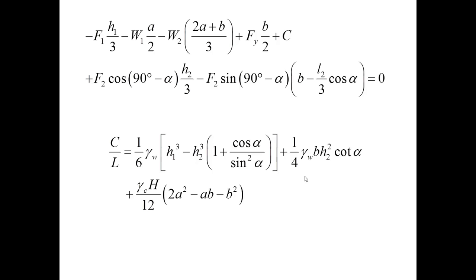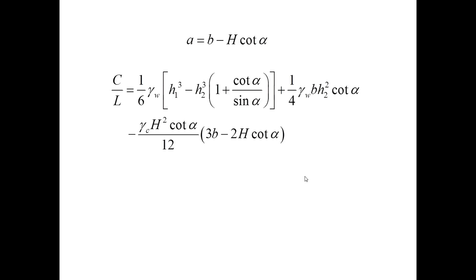So it would be a good idea to check whether this expression makes sense. To this end, I will express A in terms of B, H, and cot alpha. Please look at the original diagram and convince yourself that this is the correct expression.